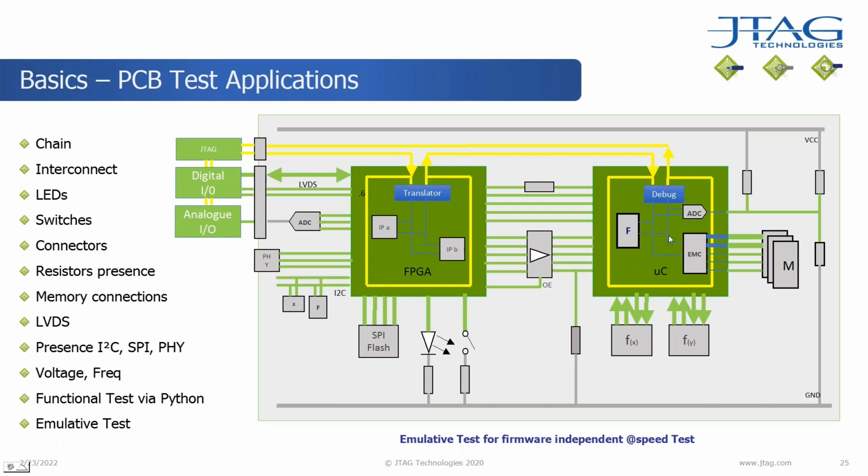So for example, rather than using the boundary scan register to test a memory, we could set up the embedded memory controller, the block marked EMC here, via the processor core in order to perform a faster memory write action, a memory read action. That would test it closer to its functional speed rather than the boundary scan register speed.